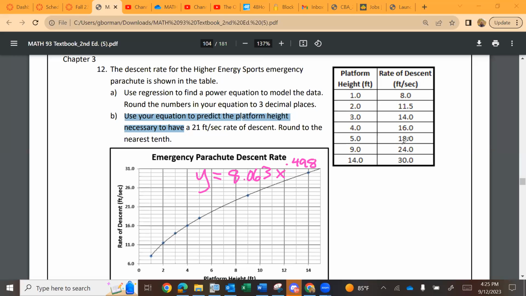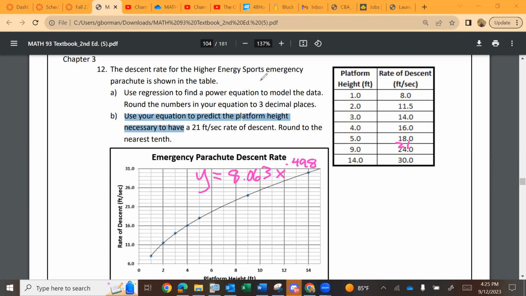And it's about halfway between the 18 and the 24. So our answer should be roughly halfway between the 5 and the 9. Now this is not a linear situation, so it's not going to be exactly halfway, but it should be close. So around, let's see, what's half of around 7 feet.